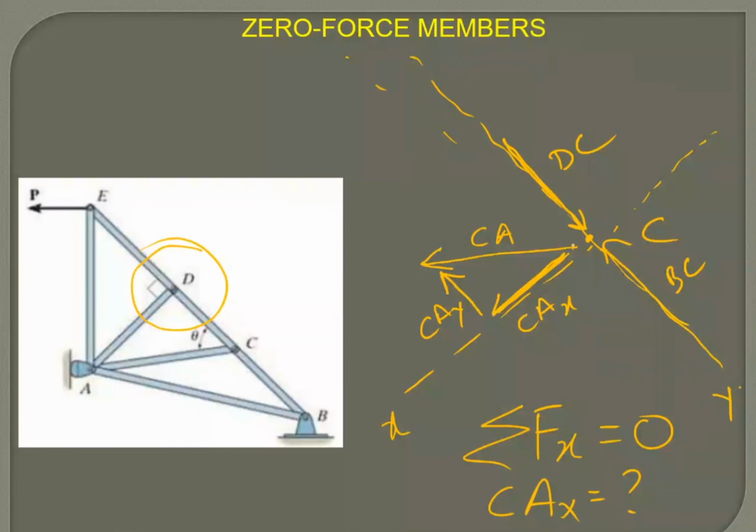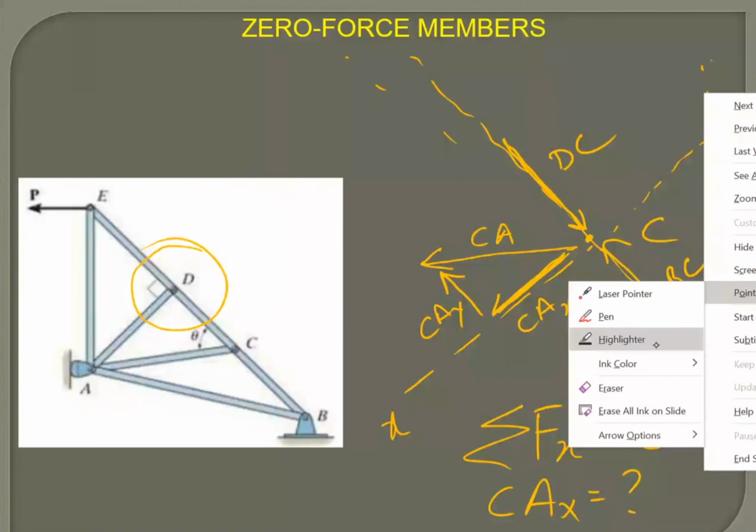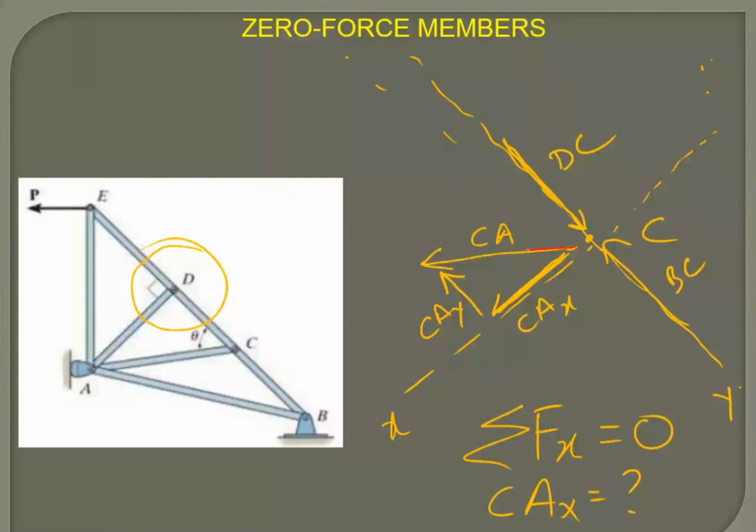Okay. So CA is here. I've divided it into two components, this one and this one. Is that right? Any issue here? No, sir. Okay. So I can get rid of this. If I ask you to do sum of all the forces along x-axis, is CAX the only component along x-axis?